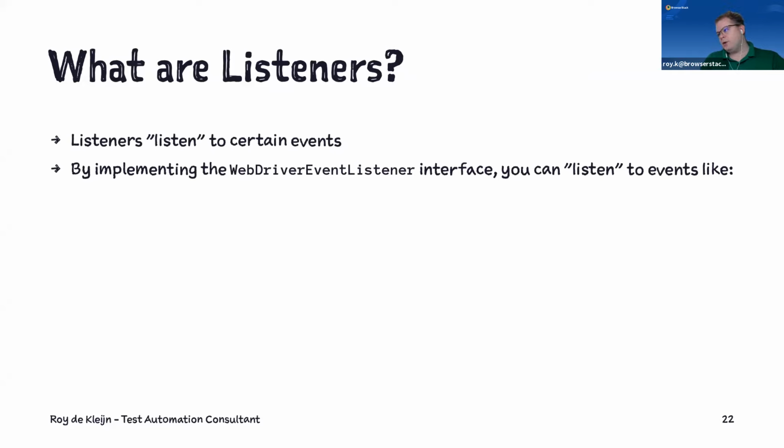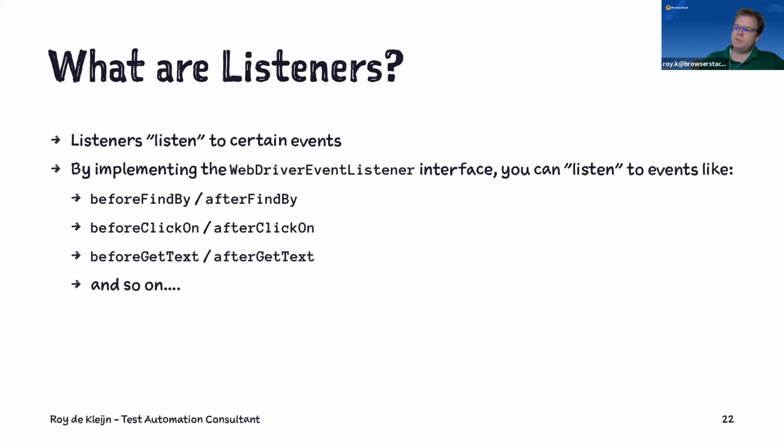But we will take a look at that in the next minute. But first, we take a look at the WebDriver event listener. So we can implement WebDriver event listener, and then we can override or listen to certain events, like the before and after find by, or we can listen to the click functions, or we can listen to the get text. To those actions and many more, I guess 15 in total, we can listen.